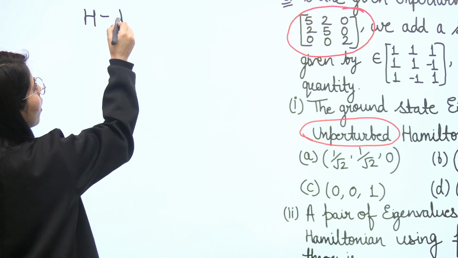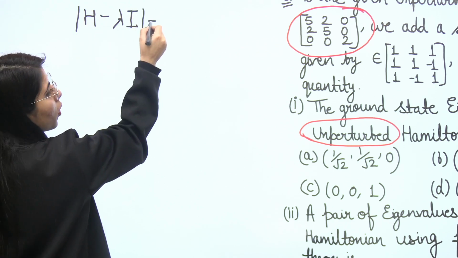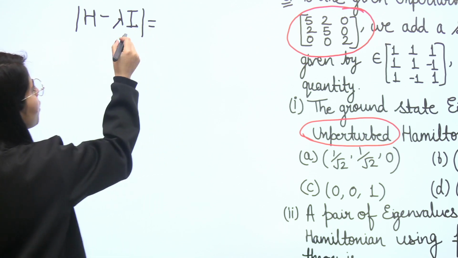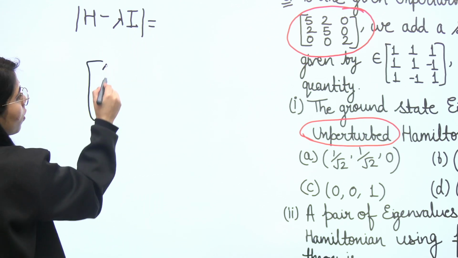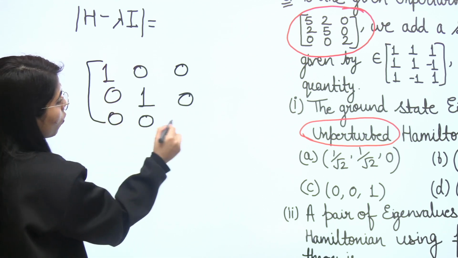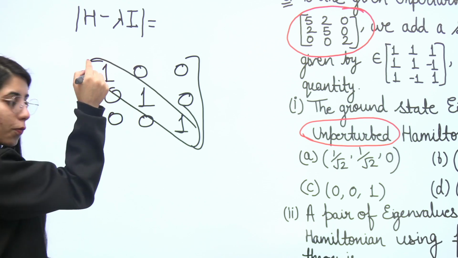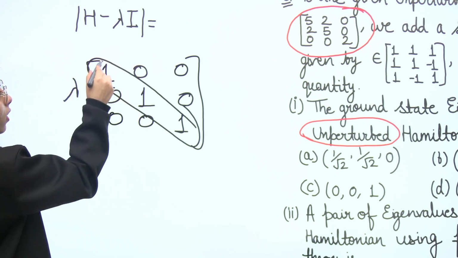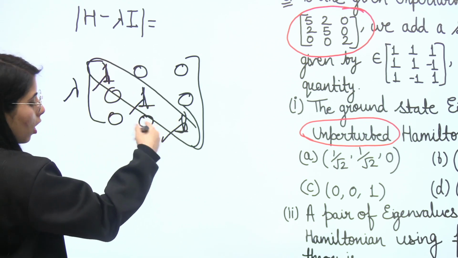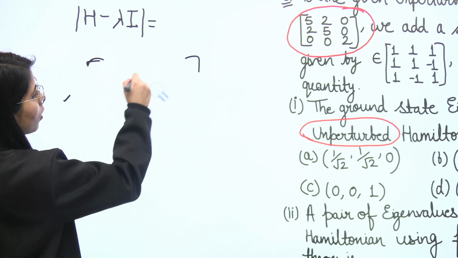I am going to start by finding the eigenvalue corresponding to this matrix. I will be just 1 0 0, 0 1 0, 0 0 1. The principal diagonal elements will be only 1 for I. When you multiply it with lambda, you will get lambda, lambda, lambda here. So I am directly going to mention it now.